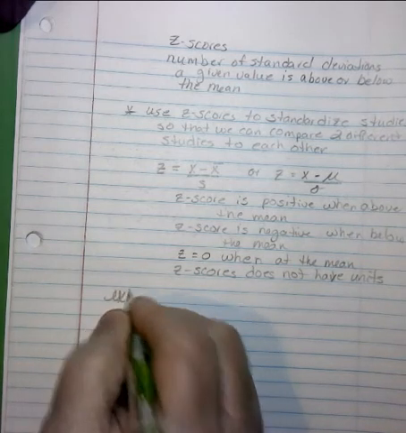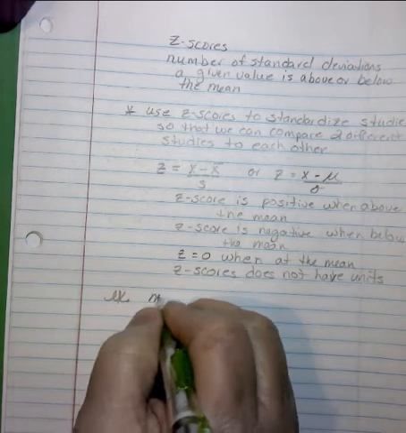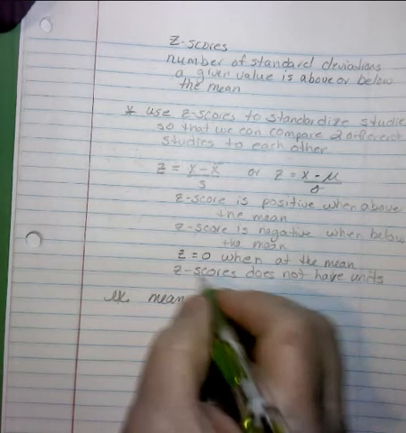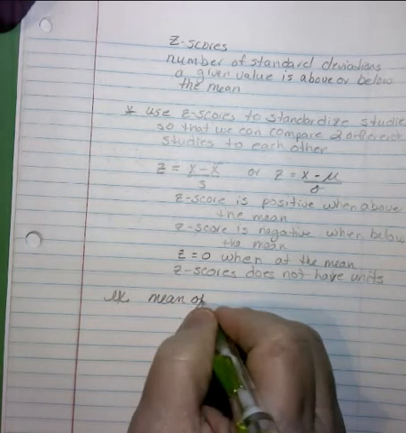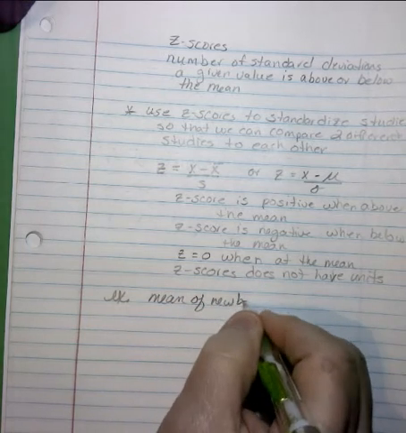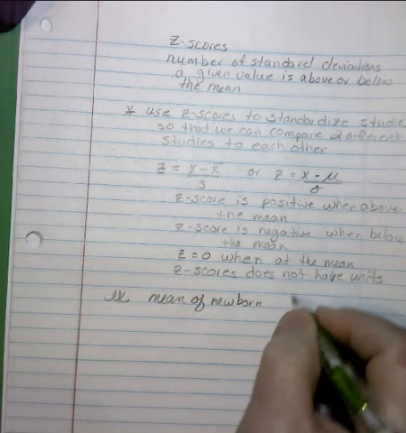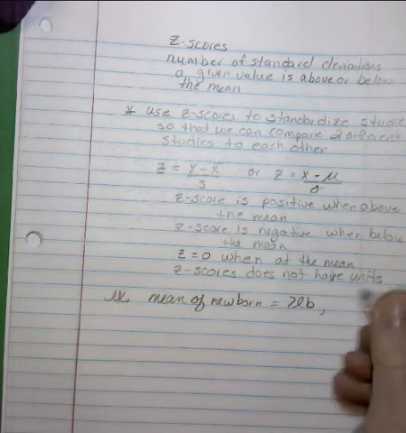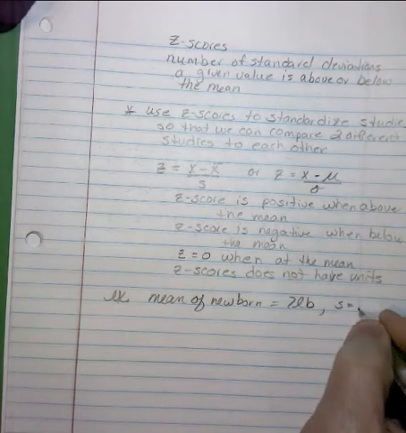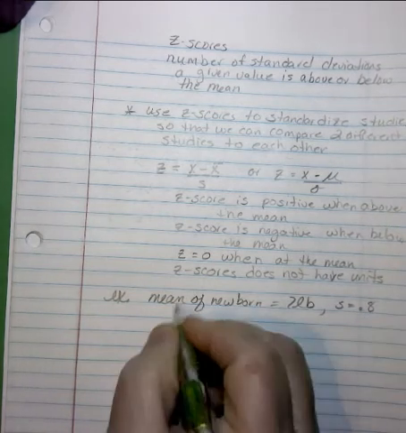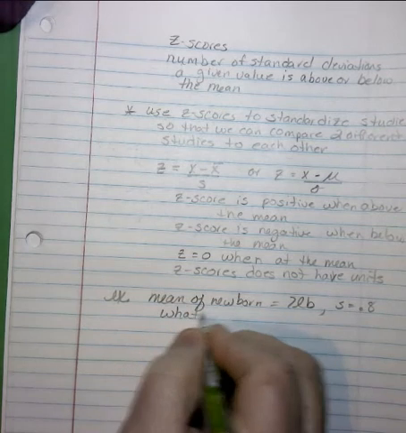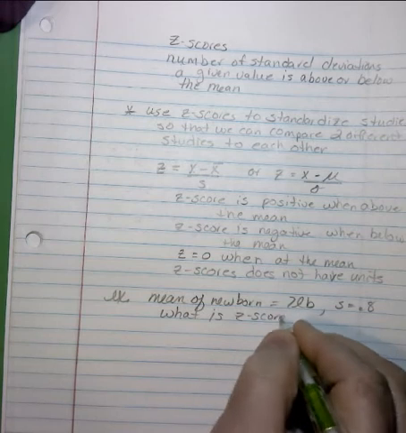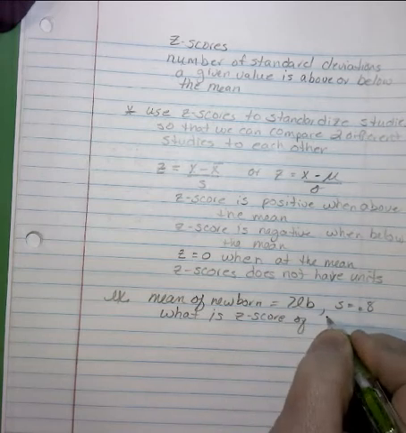So let's look at some examples. If we wanted to find a z-score and we knew the mean of a newborn baby's was 7 pounds and the standard deviation was 0.8, what is the z-score of a 9-pound baby?